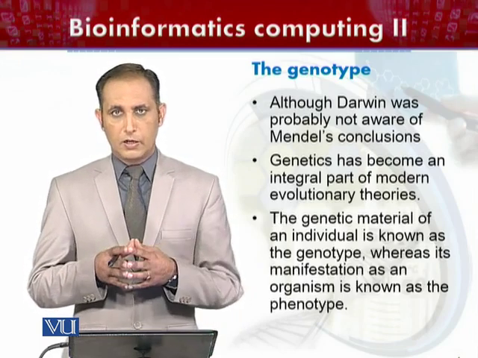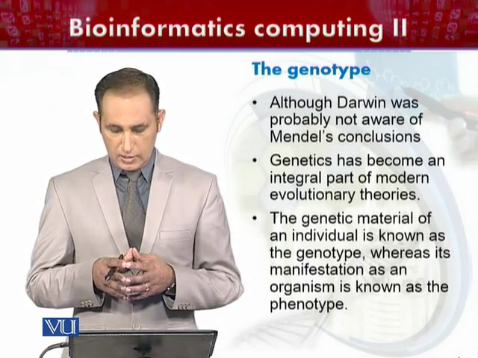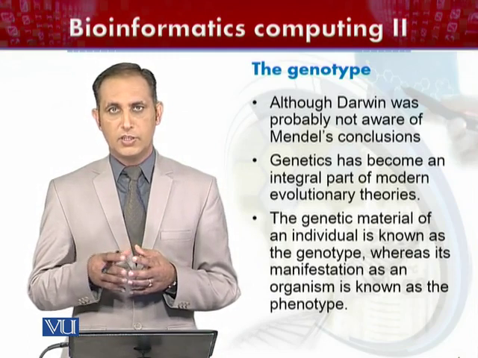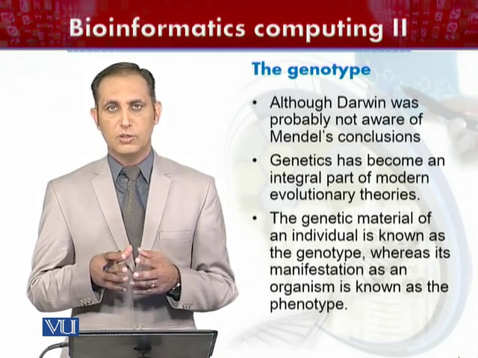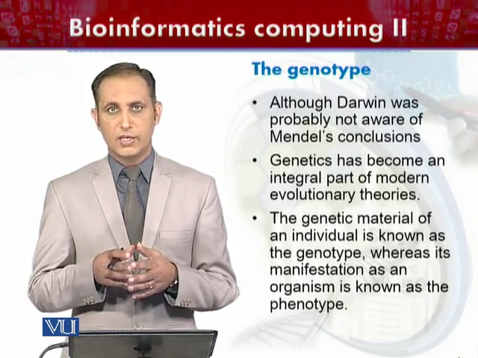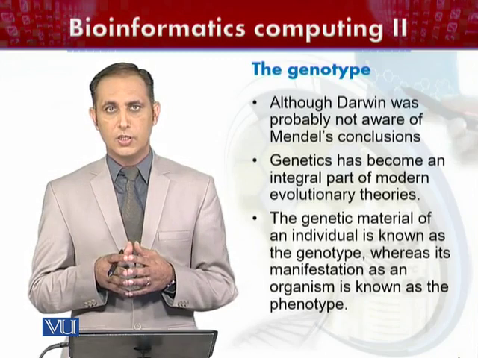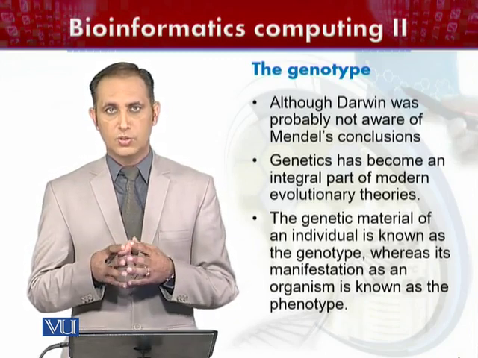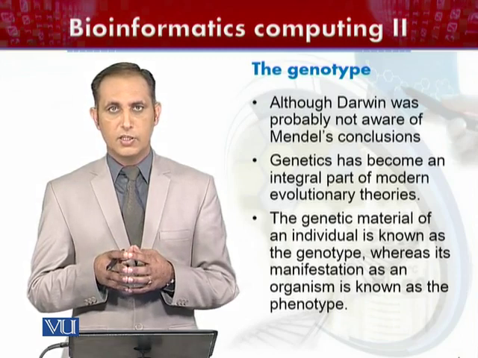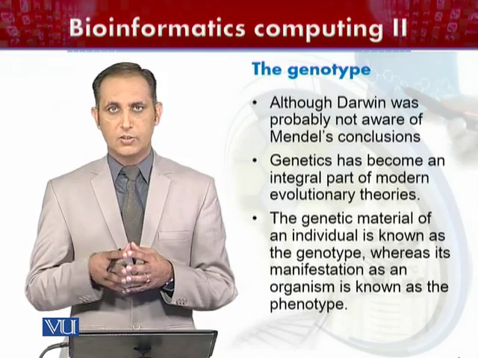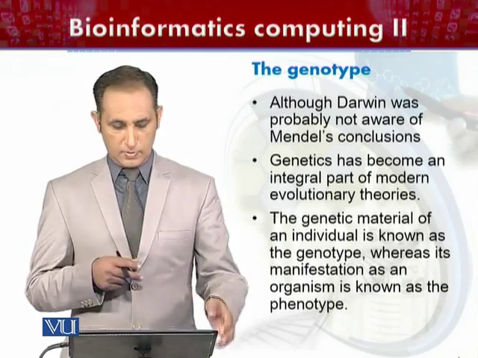So we can say that the genetic material of the individual is known as the genotype, while its manifestation as an organism is the phenotype. There are two terms which are very important to refresh: the genotype and the phenotype. The genetic material is the genotype of that individual. Every individual has its own genotype, and the manifestation of that genotype as an organism or as a character is called the phenotype.